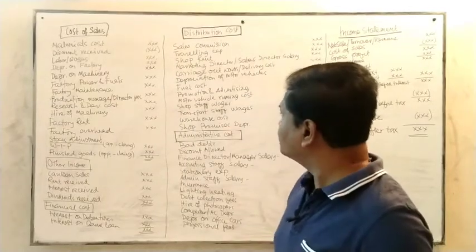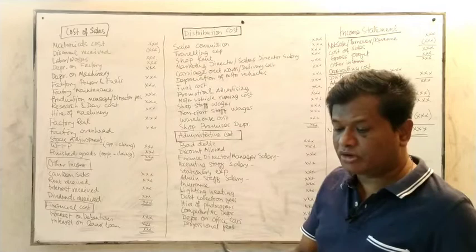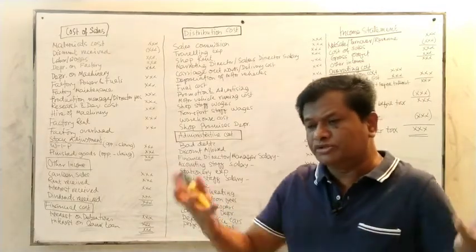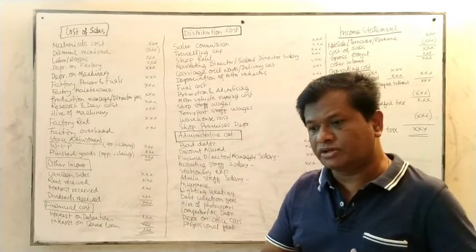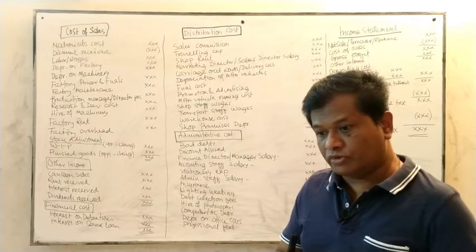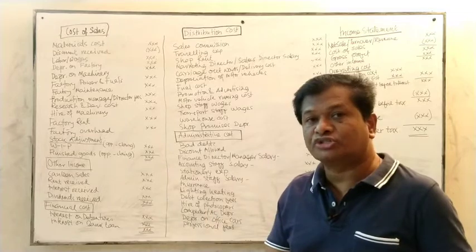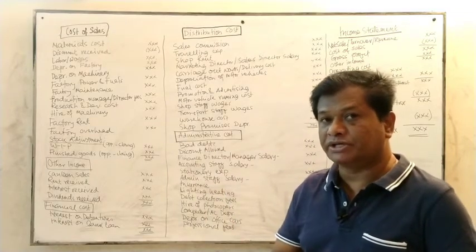Again, you see here some of the distribution cost. What are the distribution costs? Basically, when the company is expanding the business, some marketing activities are taken up. So to increase the sales, some of the activities or functions are done by the organization.